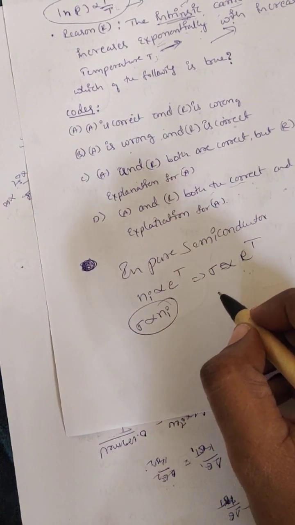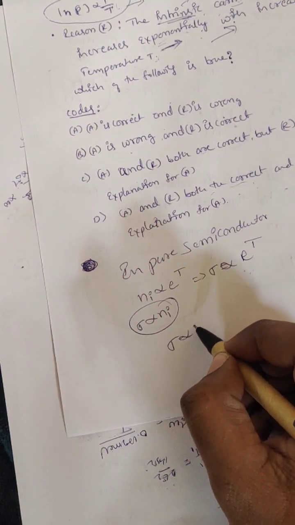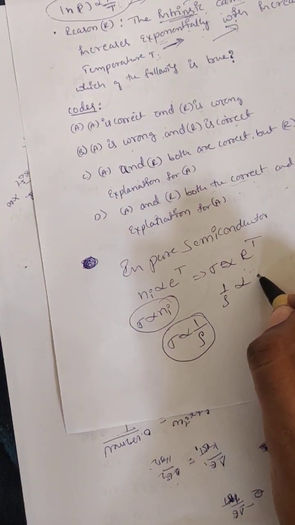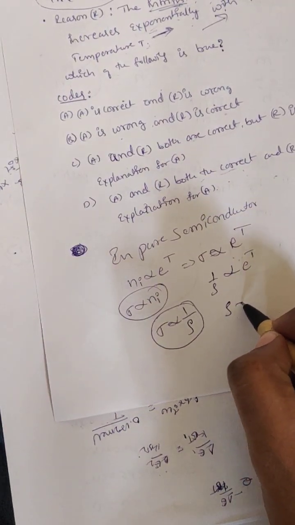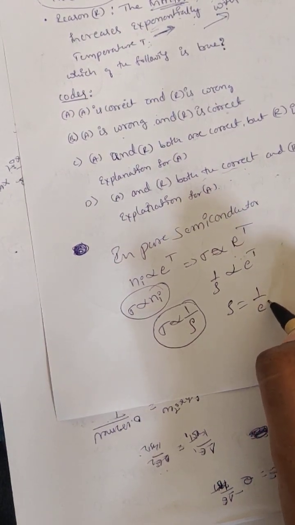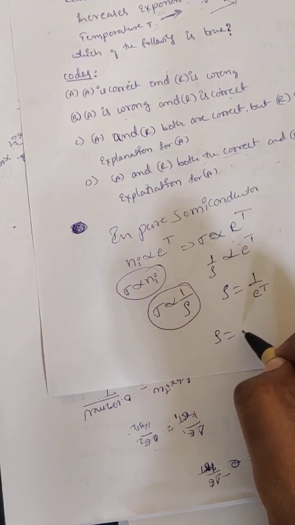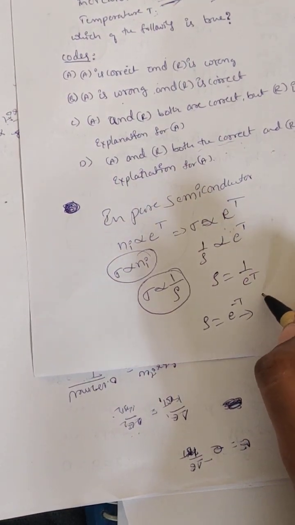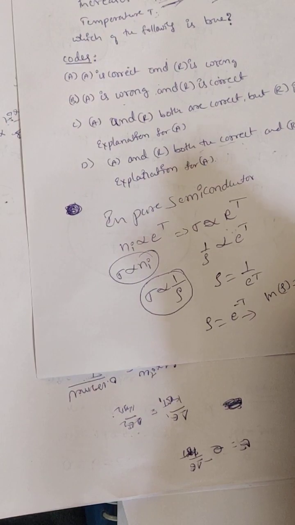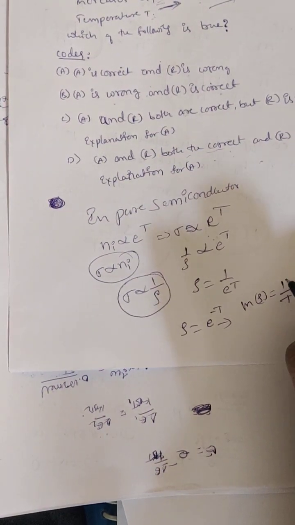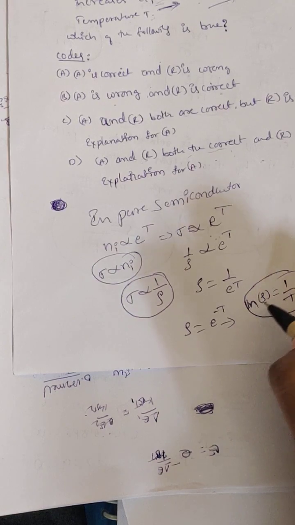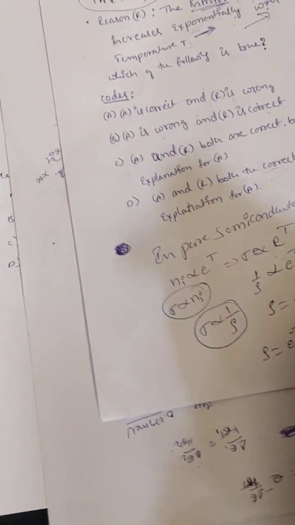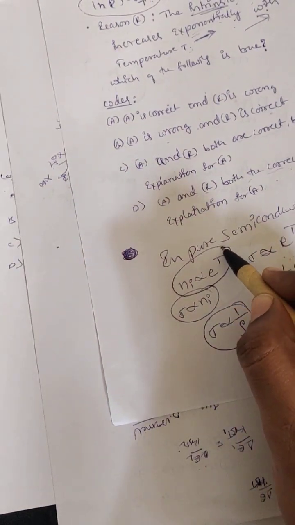Sigma is inversely proportional to resistivity, therefore 1 by rho is proportional to e power T. So rho is equal to e power minus T. If you take ln on both sides, then ln rho is proportional to 1 by T.